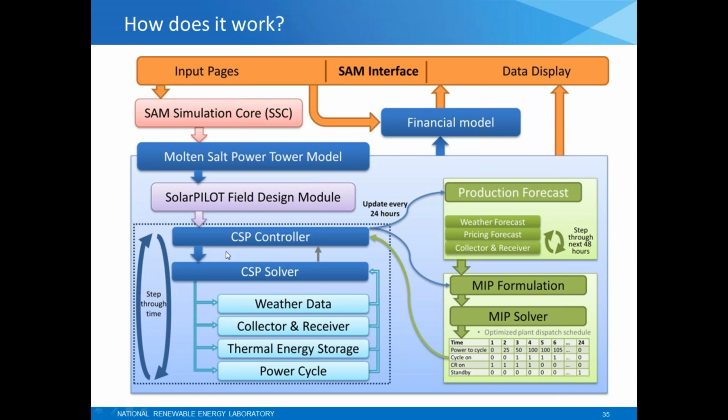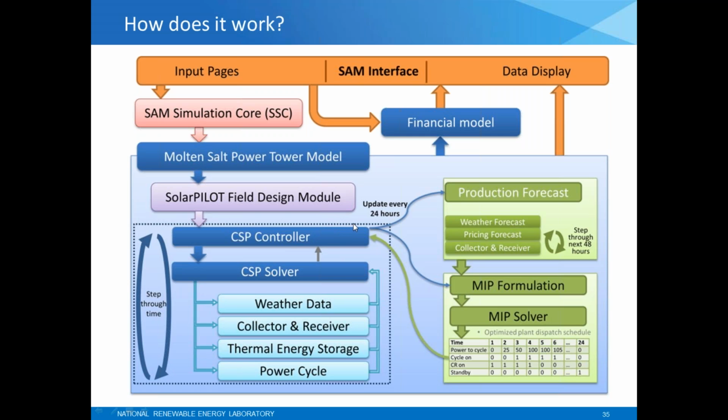Produce this much energy from the cycle, operate or defocus the solar field. And the solver will then execute those or come to some converged state where all the different components agree on what's happening.